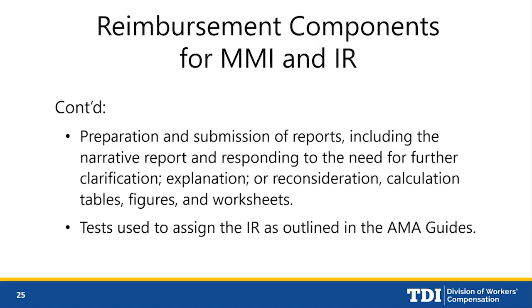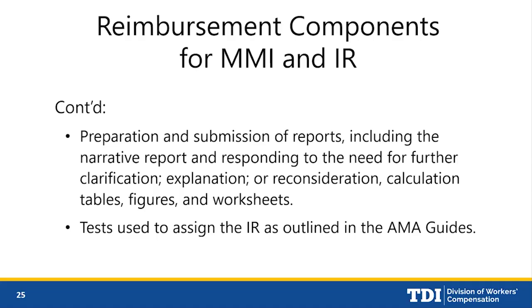Other components included in maximum medical improvement and impairment rating fees are the preparation and submission of reports. So that's also included. That includes the DWC Form 69, that very important form, the Report of Medical Evaluation, as well as the DWC Form 68, the Designated Doctor Exam Data Report. So these forms have not changed.